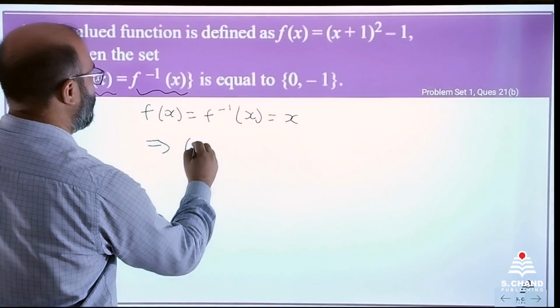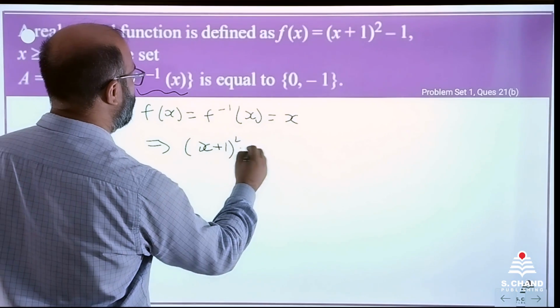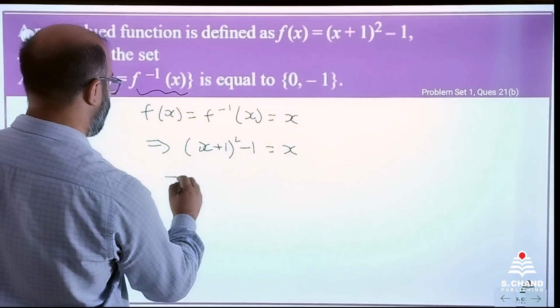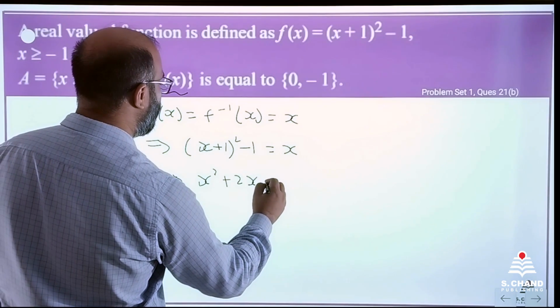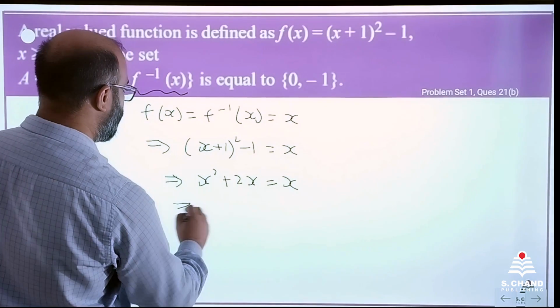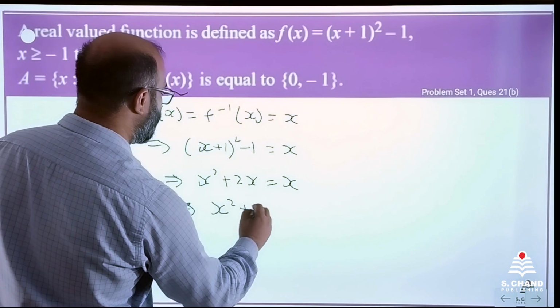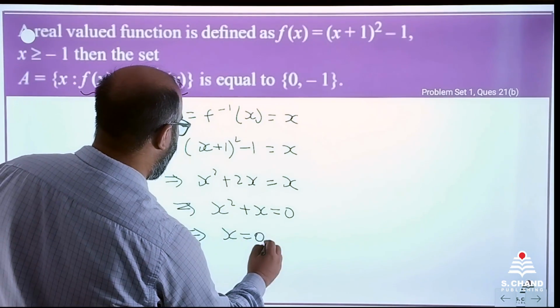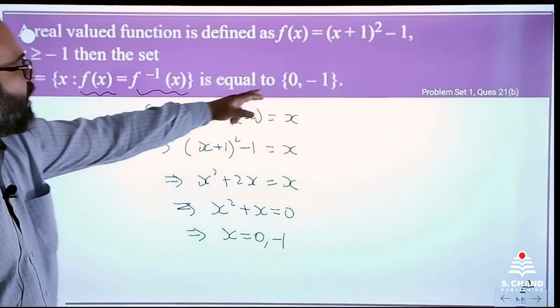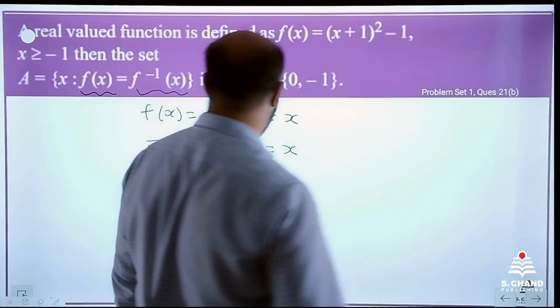So we can say (x plus 1) whole square minus 1, which is the function, is equal to x. So this will become x square plus 2x, 1 will cancel, and this will be equal to x. So x square plus x is equal to 0. So we get x is equal to 0 and minus 1. So these two values are there which we see over here.